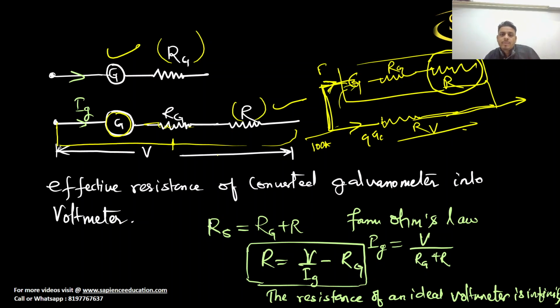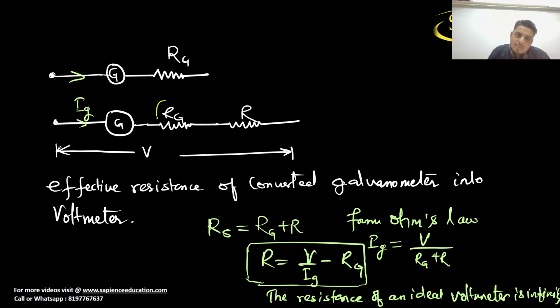Now tell me, this is the galvanometer resistance Rg and this is your shunt resistance R, in series.